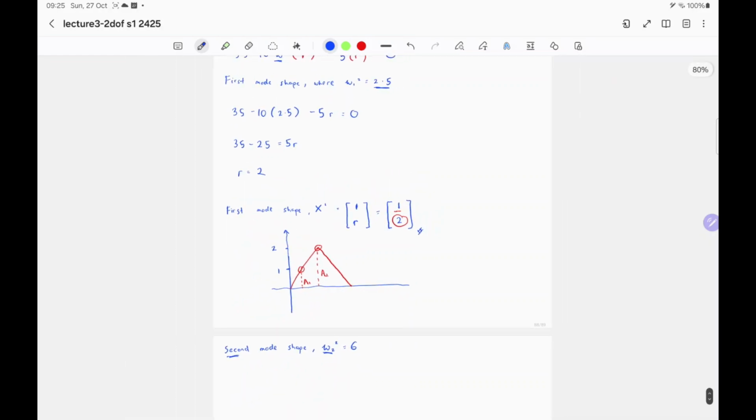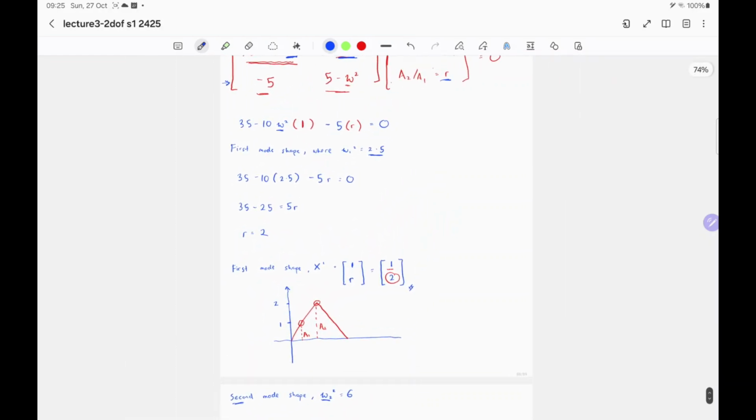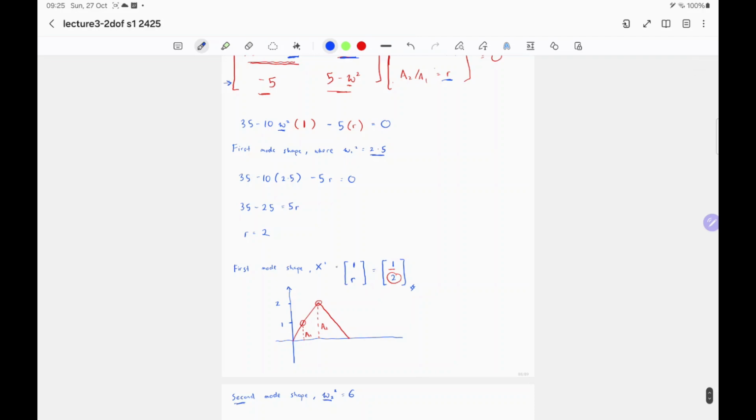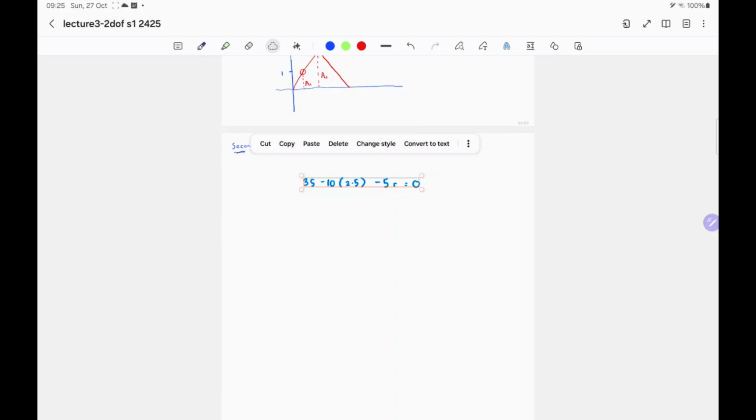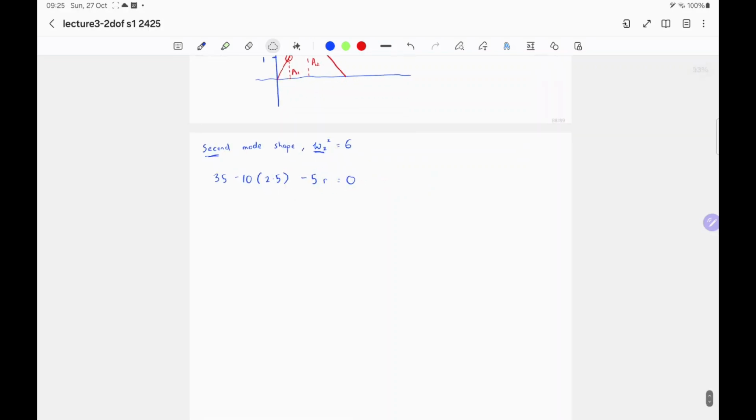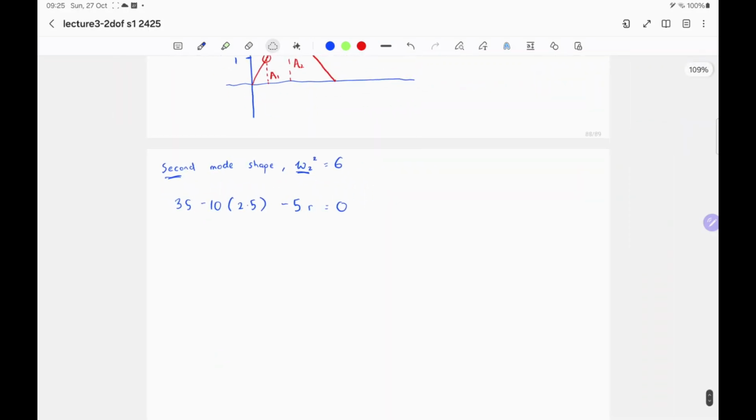So we write back this equation. As I mentioned, you can use the first row or the second row, so I'll stick to the first row. But the value in here is not 2.5 anymore, it is 6.